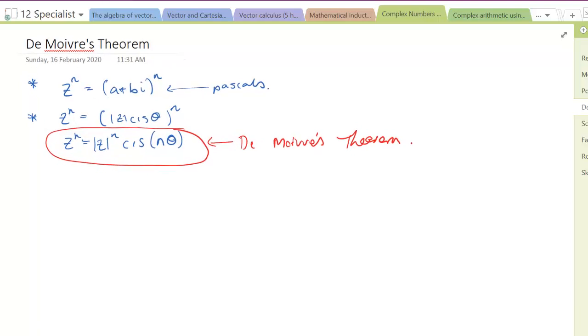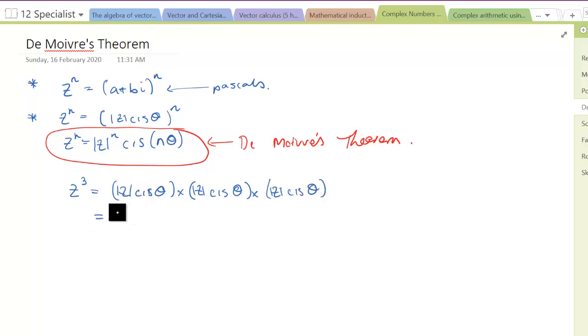Now, if you're unsure of where that comes from, we do know that if we took z to the power of 3, then we'd be looking at modulus cis of the argument multiplied by modulus cis of the argument multiplied by modulus cis of the argument.